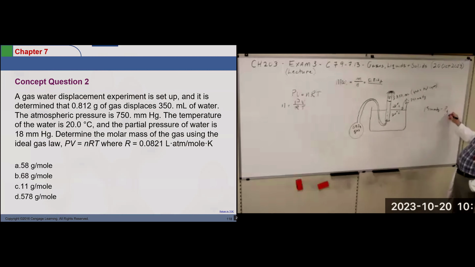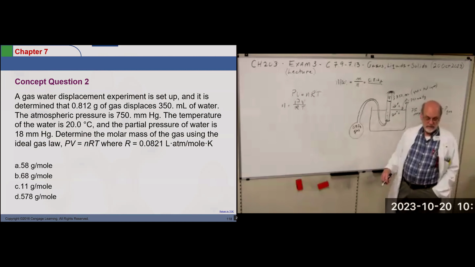Now the pressure of the gas, added to that, is 750 millimeters of mercury. So the pressure of the gas is 750 minus 18. Right? Let's see, 7, 3, 2, right? Millimeters of mercury.